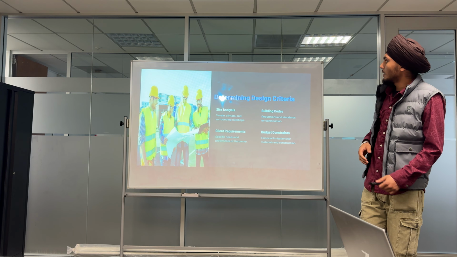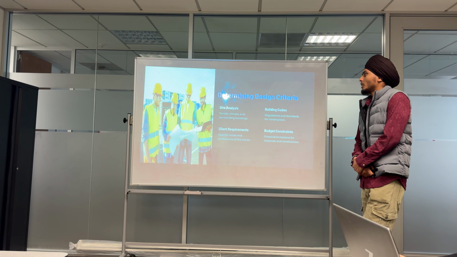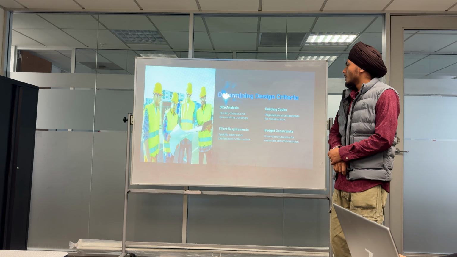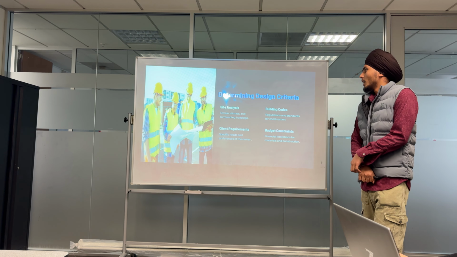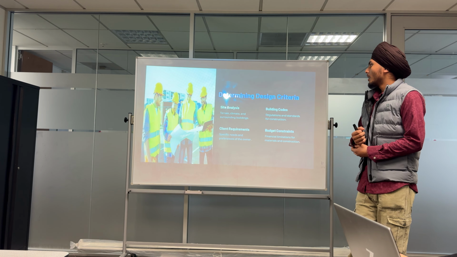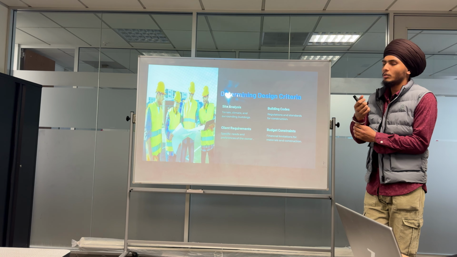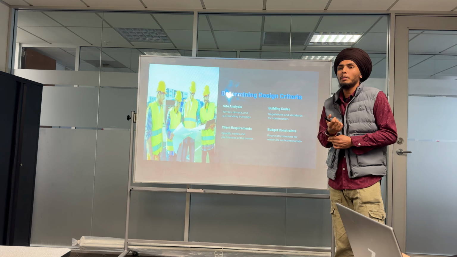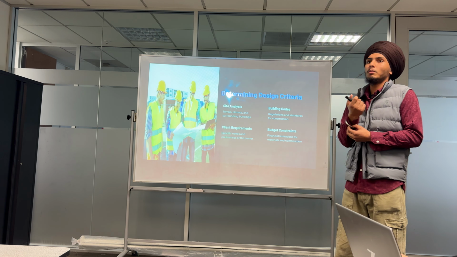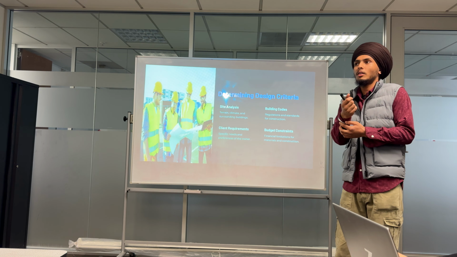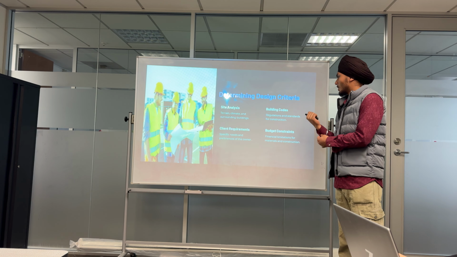The next slide is determining design criteria. In this we first need to visit the site and analyze the climate, terrain, and surrounding buildings. These things we need to analyze first when we make small buildings. The second one is building code, which is the most important point in all this: regulation and standards for construction.